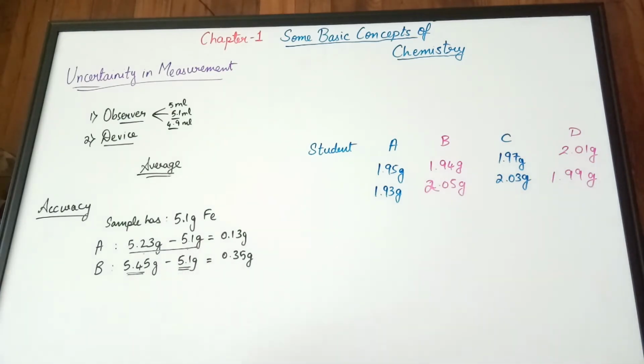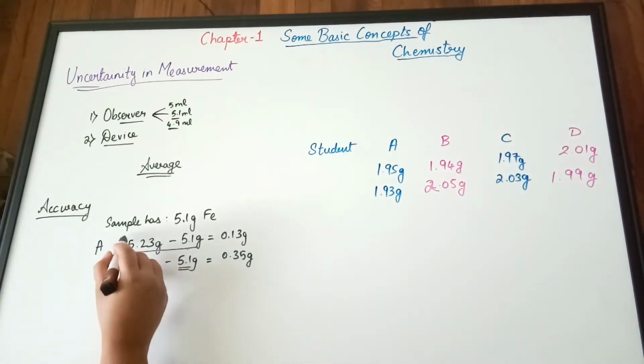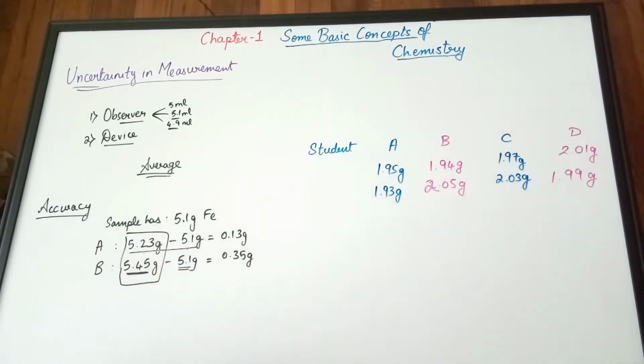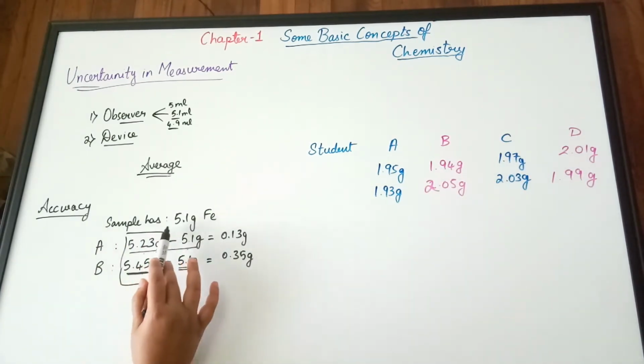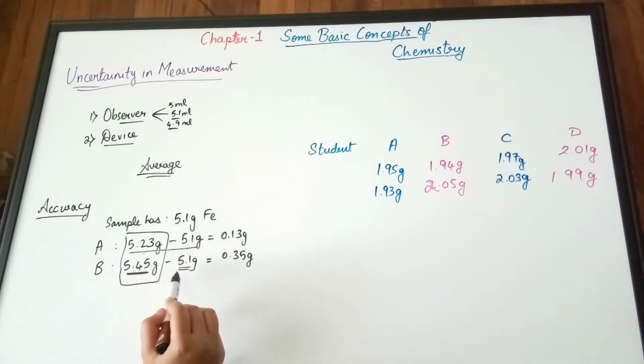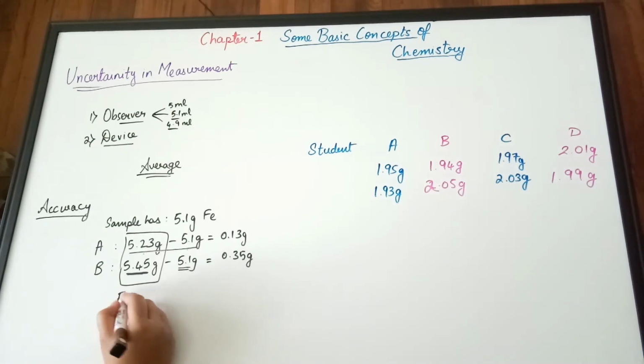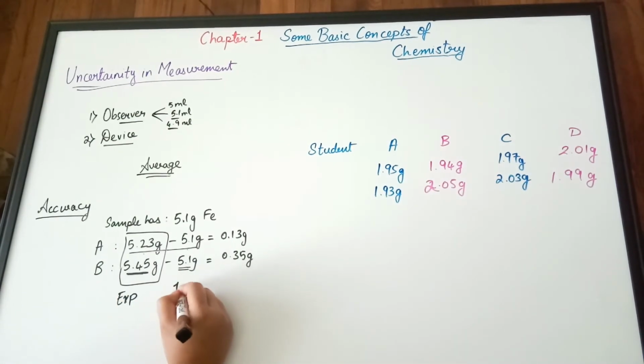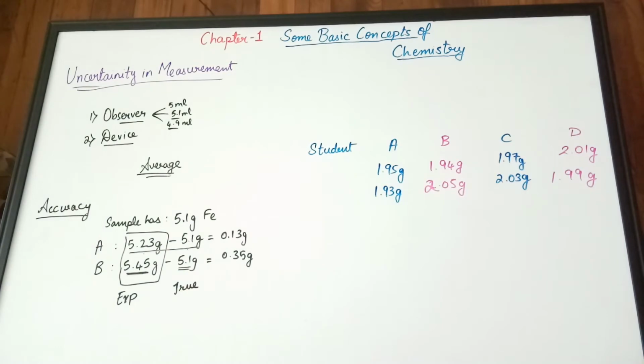If you haven't understood, let me repeat. Accuracy is the measure of the experimental value. Over here these 2 are our experimental values, and because you already know that the sample has 5.1 grams of iron, 5.1 becomes our true value. So accuracy is nothing but the difference between the experimental value and the true value.